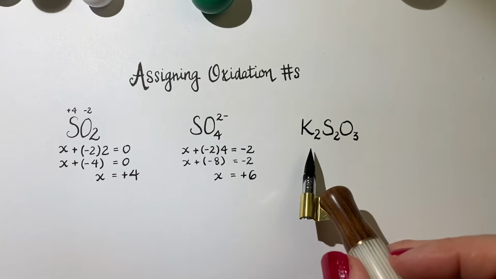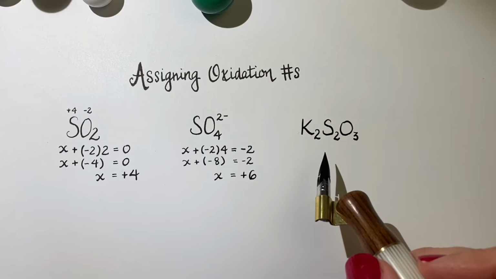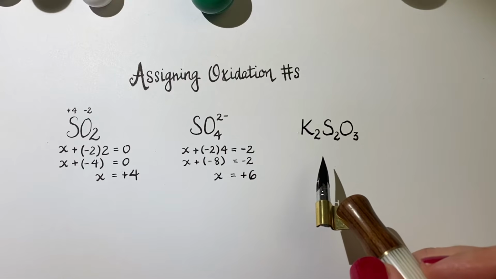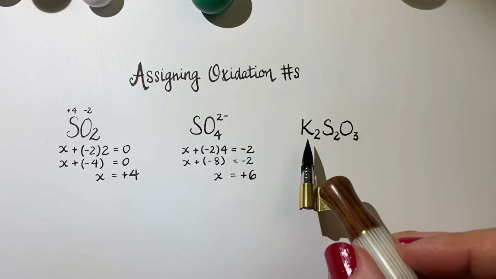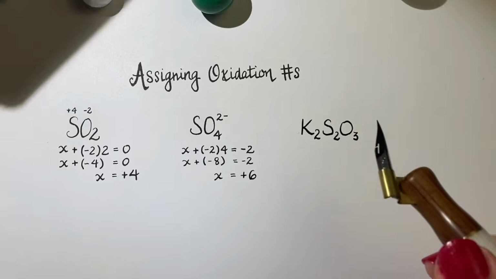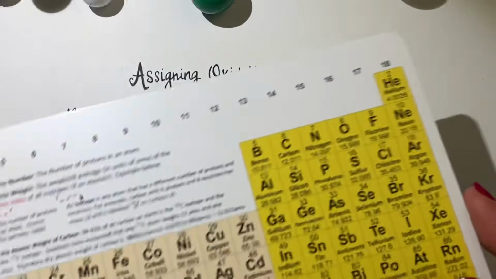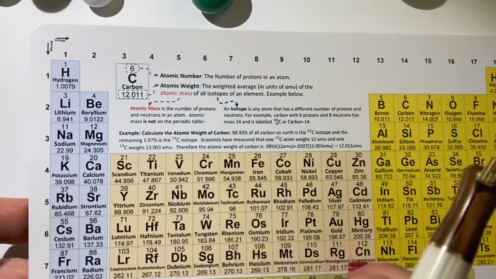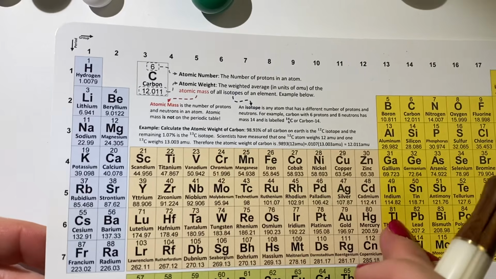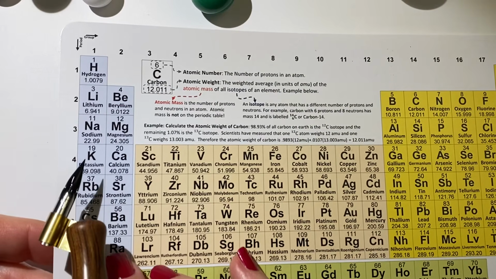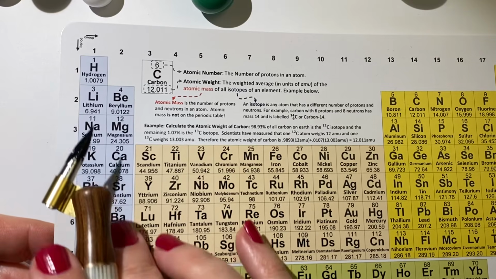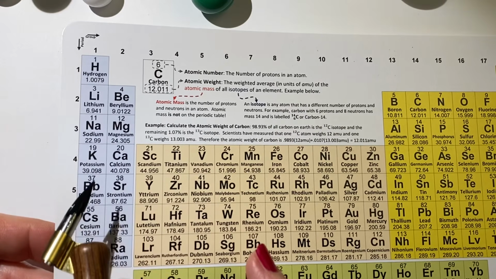But once again, we can look at first those that we know. And if at first we're not sure what potassium would be, we can bring in our periodic table. Okay, we look up. Where is potassium? Oh, here we go. It's in group 1.